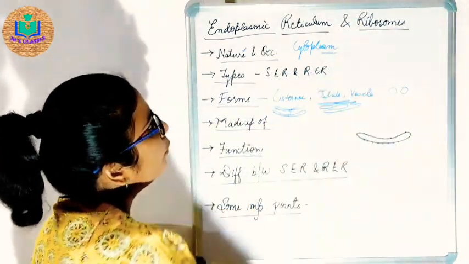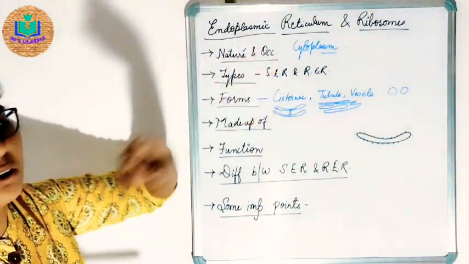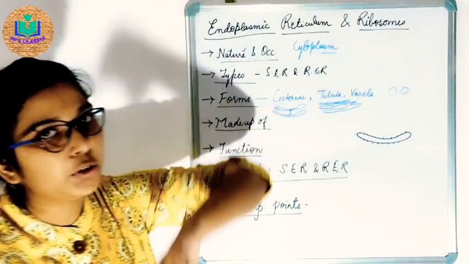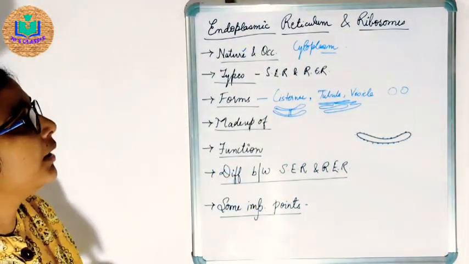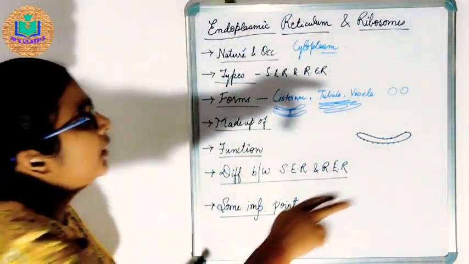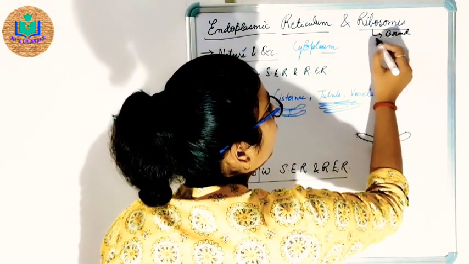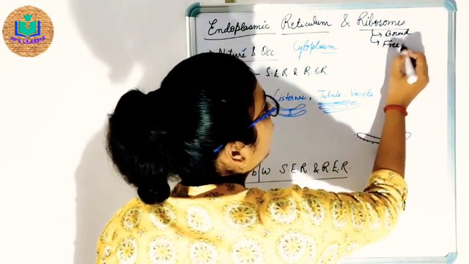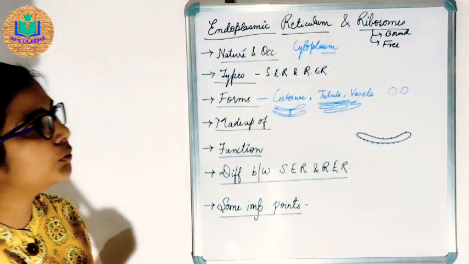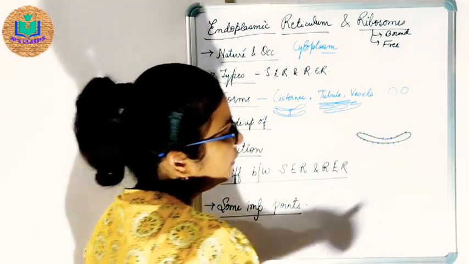And talking about ribosome's nature and occurrence, it is also present in the cytoplasm of the cell, but they are present in two forms. First one is the bound form, and the second one is the free form. Free form ribosomes are present in the cytoplasm of the cell freely.